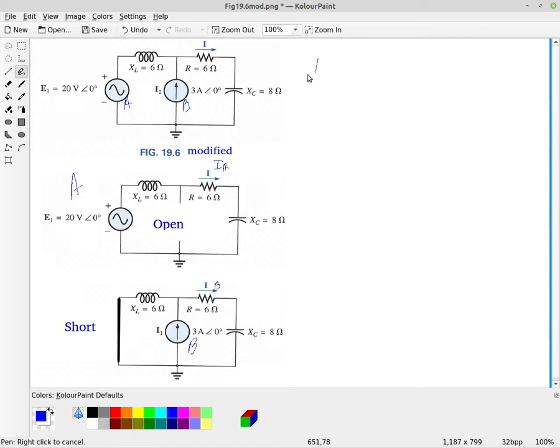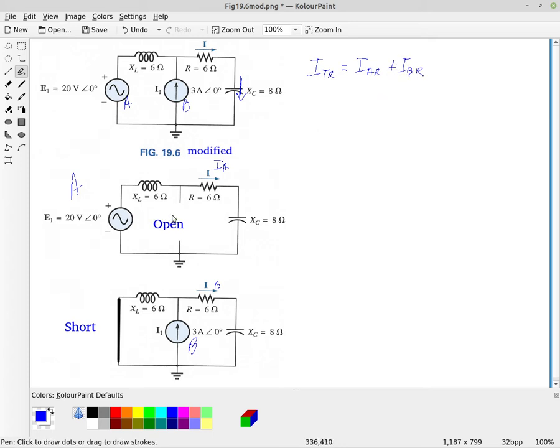And so the total current through, in this case, we're looking for the current through the resistor, which of course would also be the current through this capacitor. And so that total current through the resistor, call it ITR, is going to be IAR plus IBR.